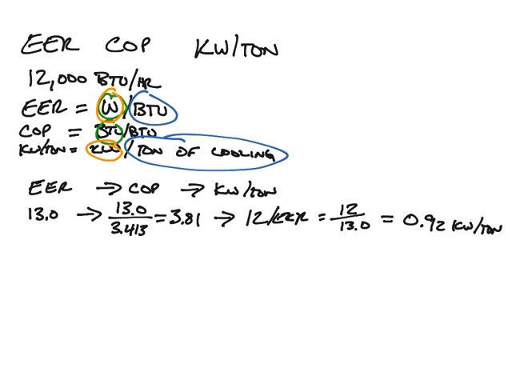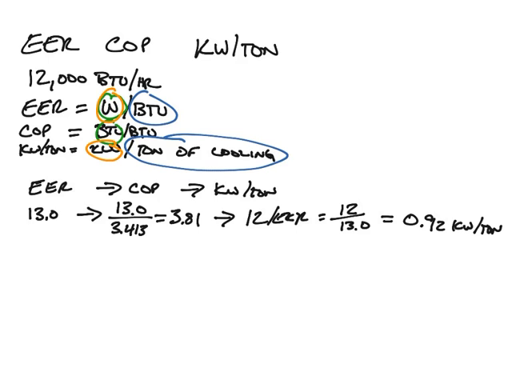A good rule of thumb when thinking of kW per ton is that an EER of 12 is 1 kW per ton. The higher the energy efficiency ratio, the better performance it gets.